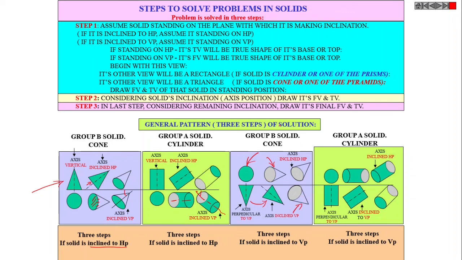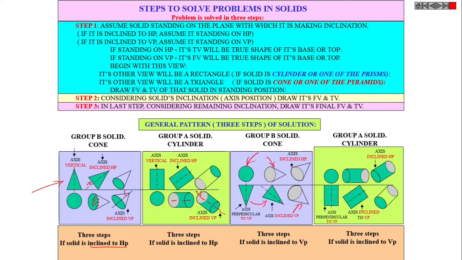The same procedure we can apply in the case of group A solids like cylinders. Here, if the solid is inclined to VP, then in its base figure the axis must be perpendicular to VP. This is the base figure.